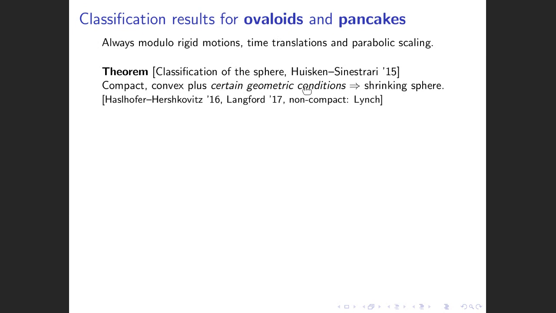for those that know, this is the type 1 condition. You can phrase it as many different conditions. You should think of the diameter. The easiest, I think, is that the diameter as you go to minus infinity grows like the square root of minus t.